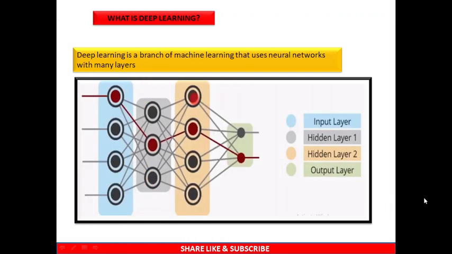And then here you can see deep learning is a branch of machine learning that uses neural networks with many layers. And deep learning has three categories of layers. The first layer is called the input layer, the second layer is called the hidden layer, and lastly the result producing layer is called the output layer.